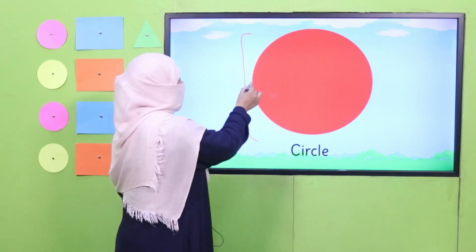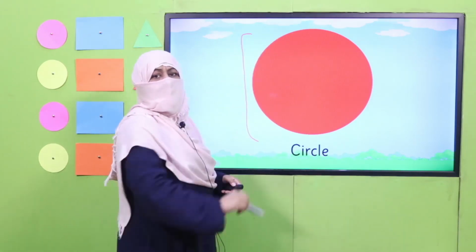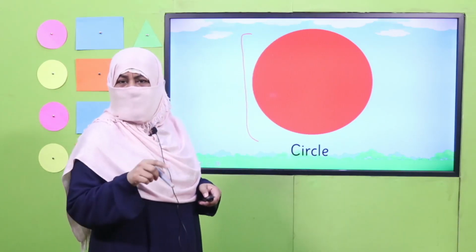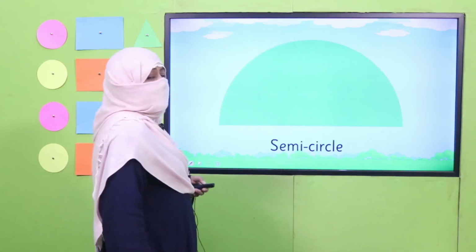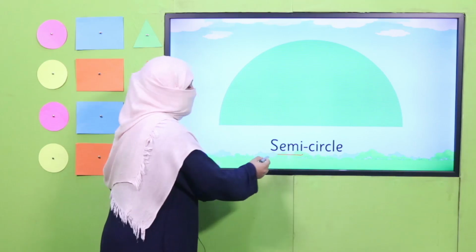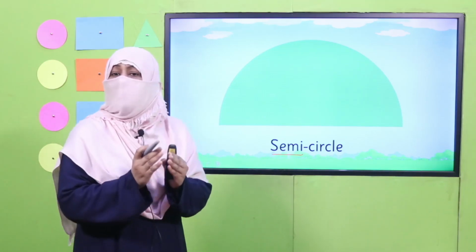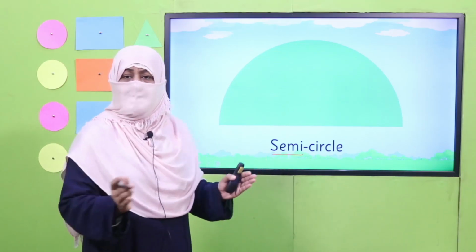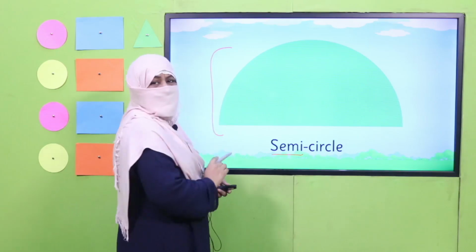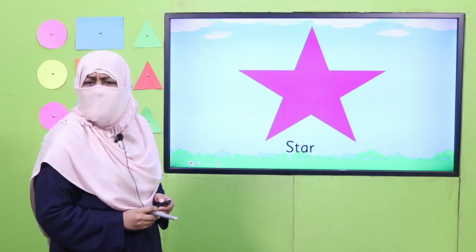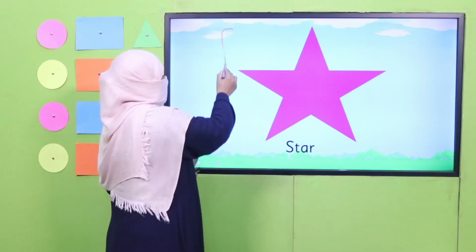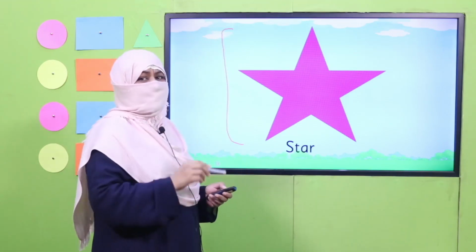It starts from one point and then it goes on in a round shape. Inshallah, today I'll teach you how to draw a circle. The next shape is semicircle. Semi means half. When you cut a circle into two halves, it becomes a semicircle, right? This shape is star. You know it, and we learn to draw it in next grade, inshallah.